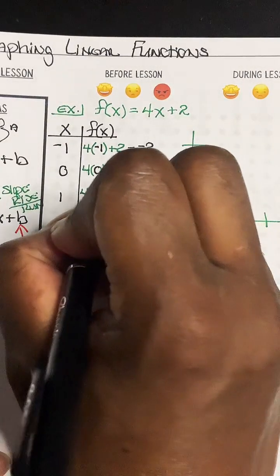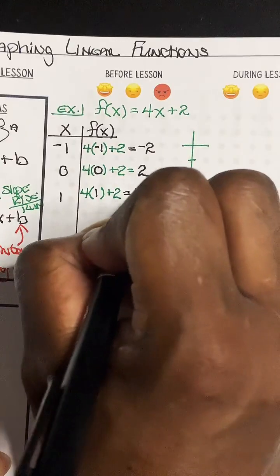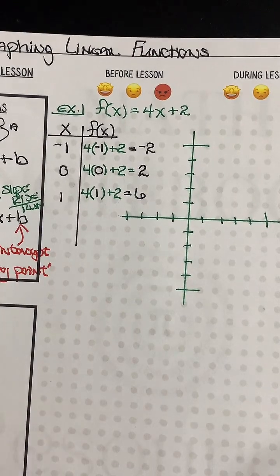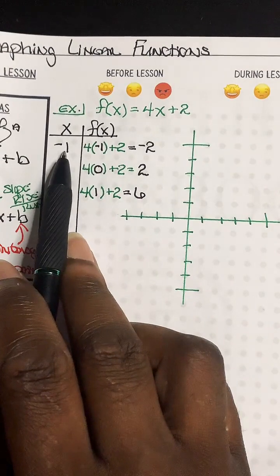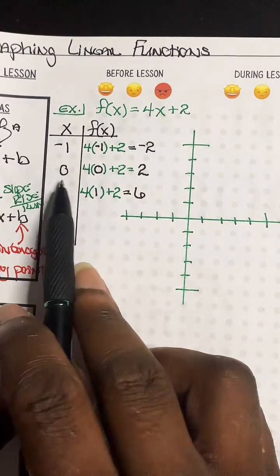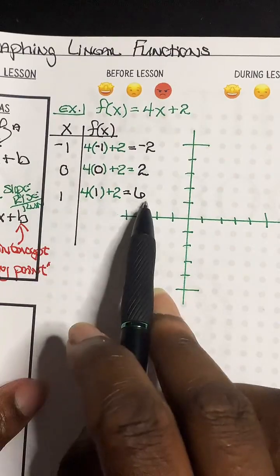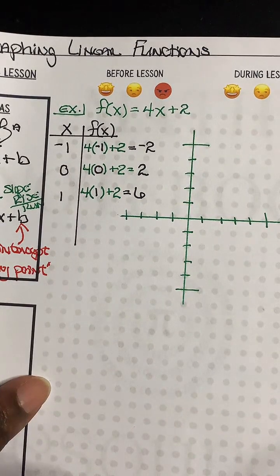So 4 times 1 gives me 4, plus 2 will give me 6. Now we're going to try to plot our points. One point is at -1, -2, another point is at 0, 2, and another point is at 1, 6. Now, here's another way of doing it.